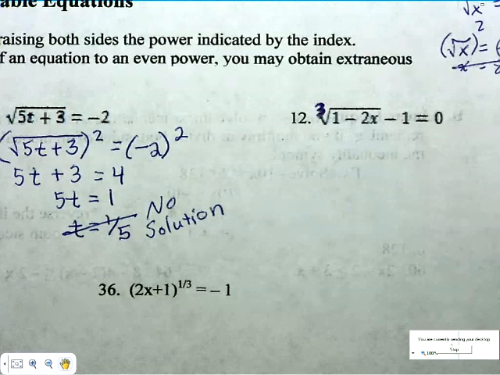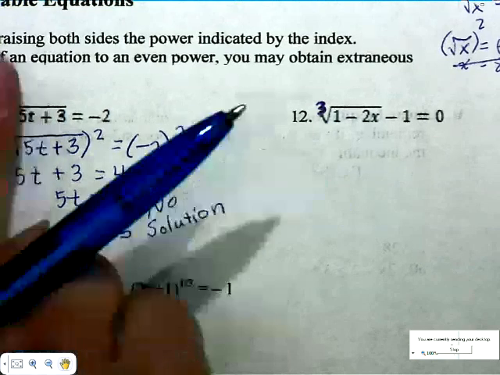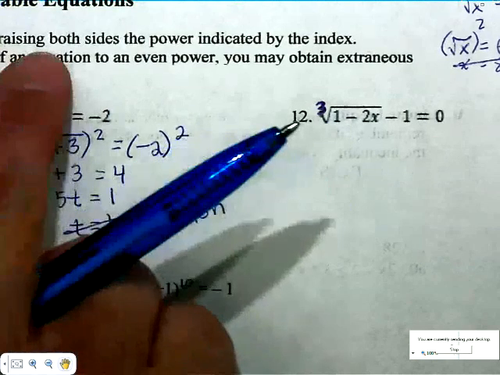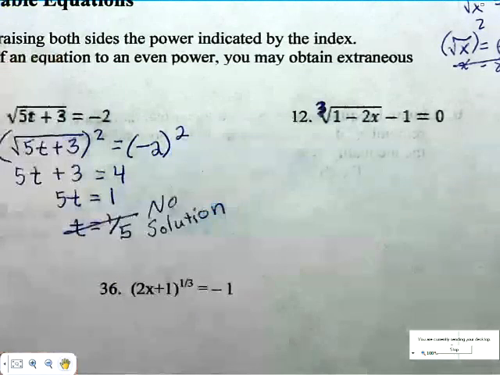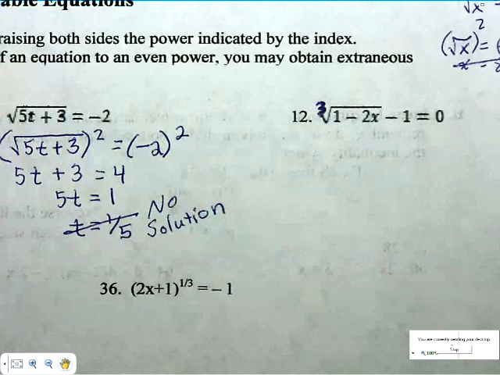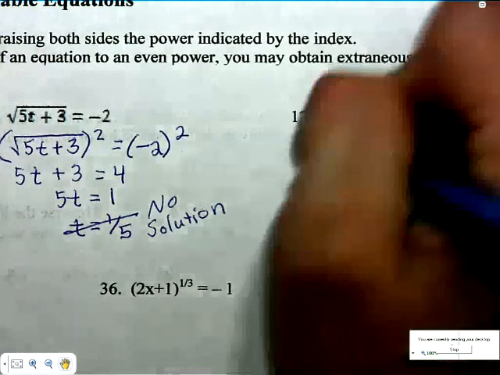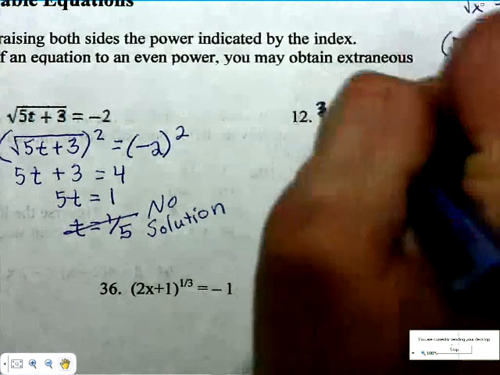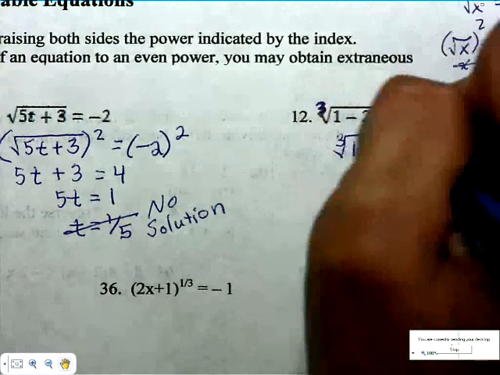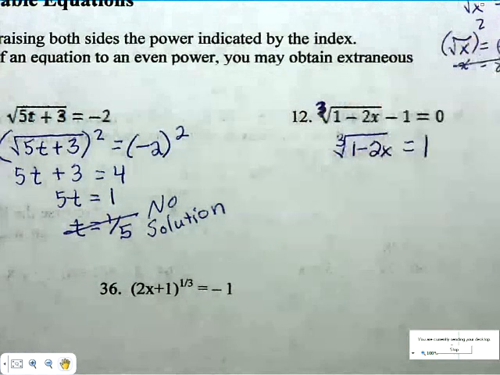It's much less ugly if I remember this note number 1, get the radical by itself before you square or cube or whatever you're going to do to both sides. So what do you think's the first thing I should do on number 12? Just add the 1 to both sides. Now I'm no longer cubing a binomial. I just made the problem so much easier.